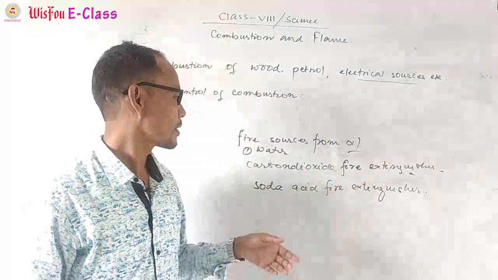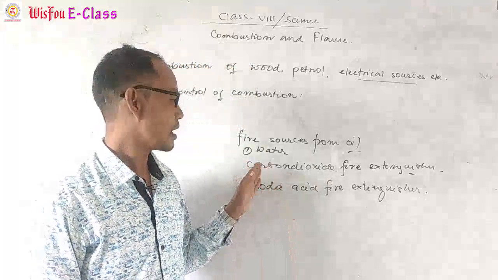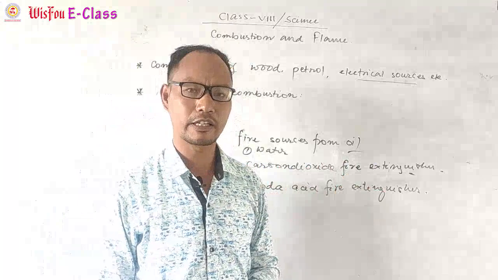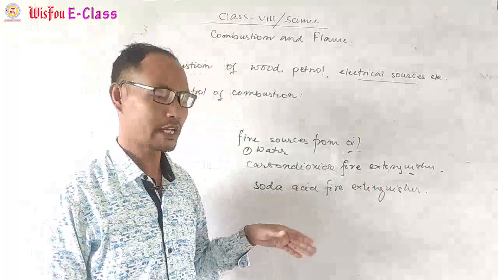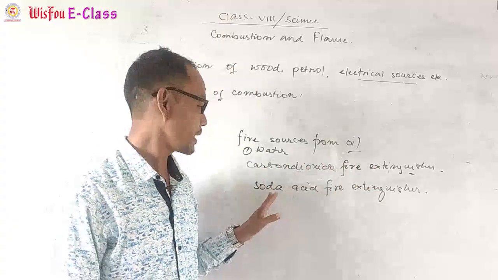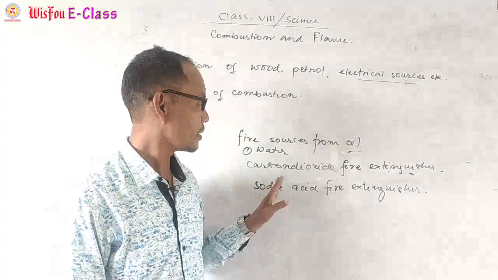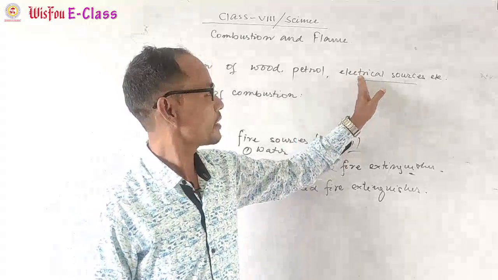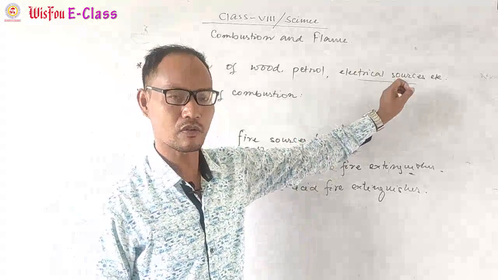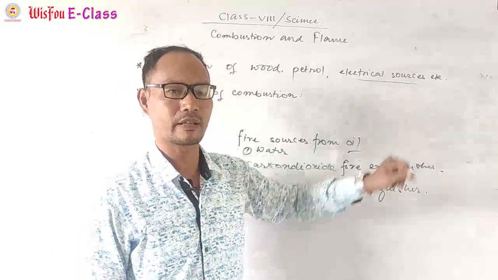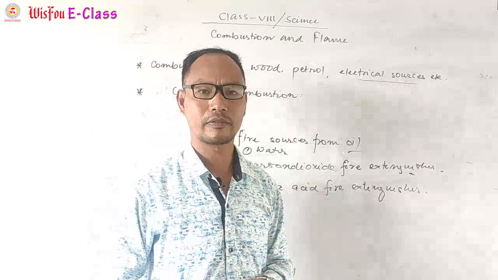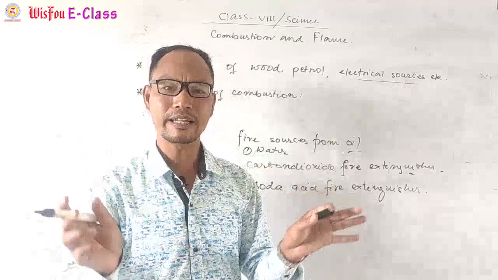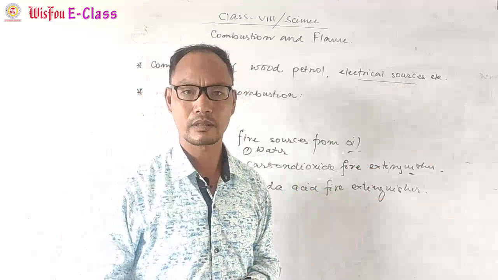So we have discussed the carbon dioxide fire extinguisher, and today's last subtopic is fire that comes from electrical sources. How to control it? This is a common occurrence in our day-to-day life because electrical appliances are widely used in all countries.